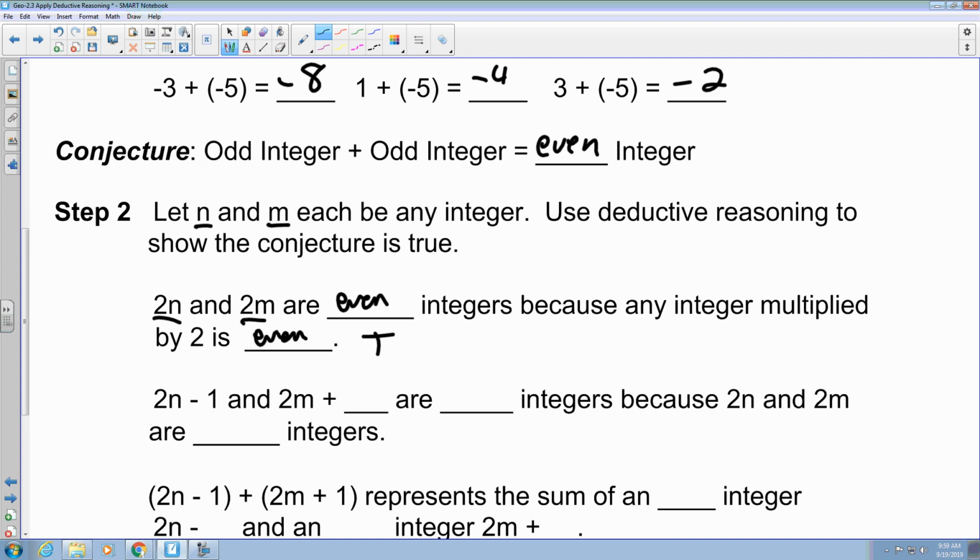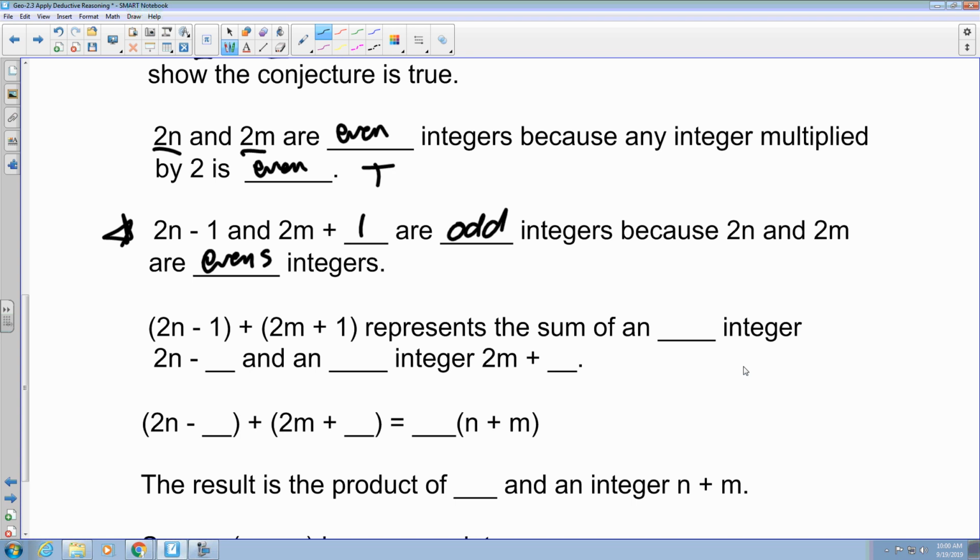Now we can say that here 2n minus 1 and 2m plus 1 are odd integers because 2n and 2m are even integers, because we talked about that on the top.